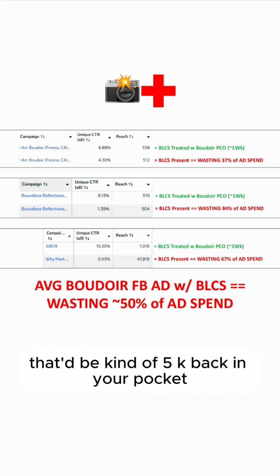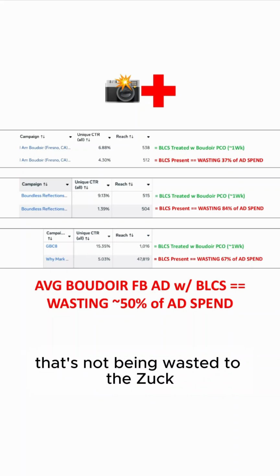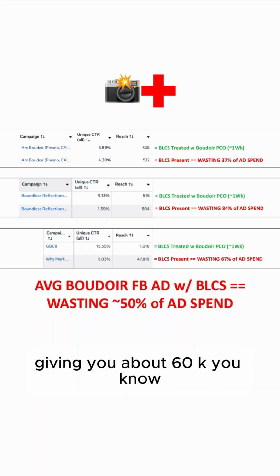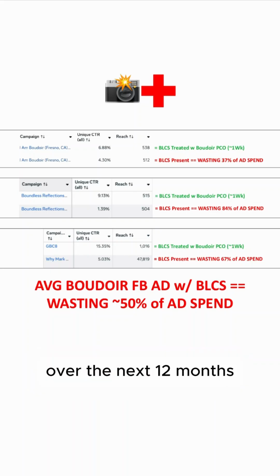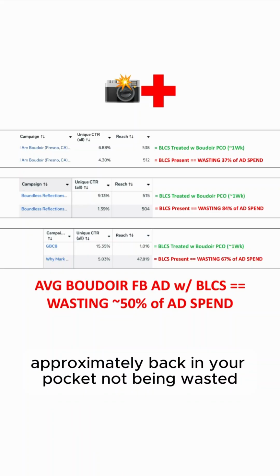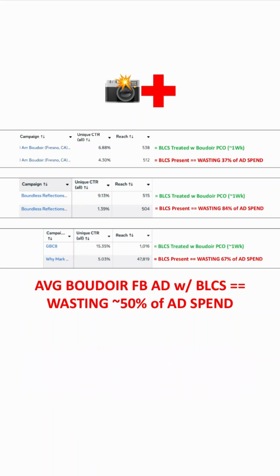That'd be 5K back in your pocket that's not being wasted to the Zuck, giving you about 60K over the next 12 months approximately, back in your pocket, not being wasted.